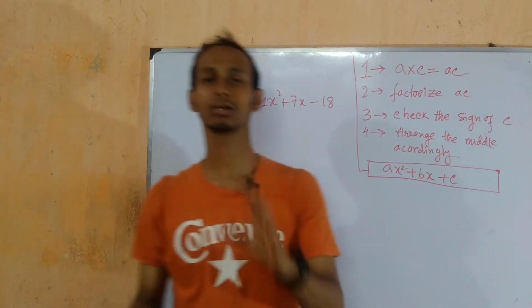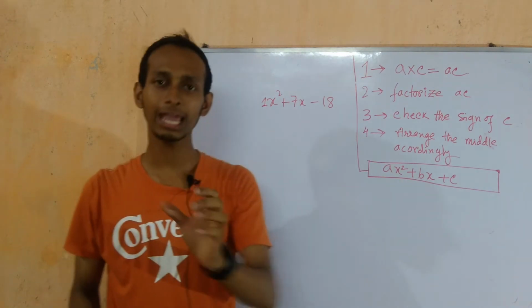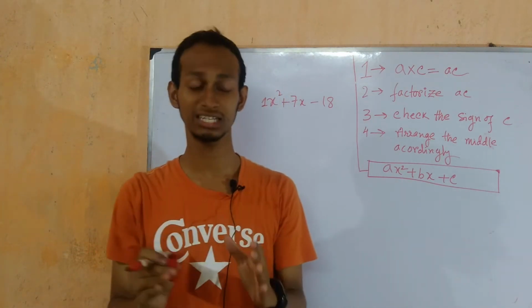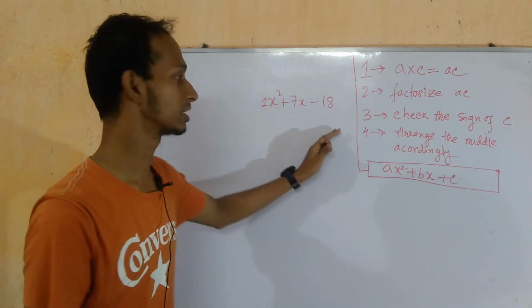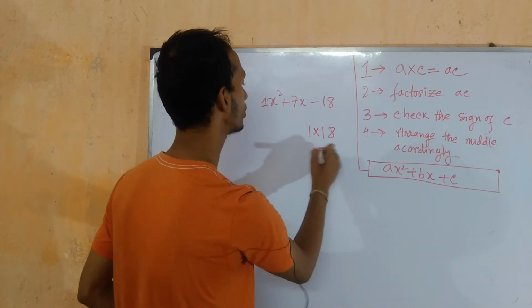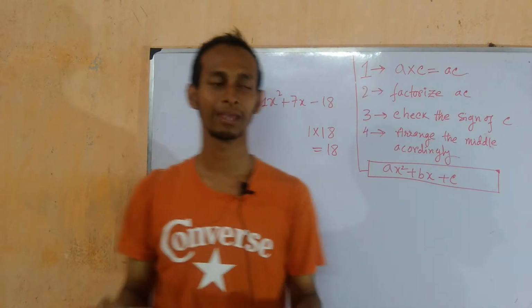Just remember one thing here: you do not need to see the sign of a and c, just multiply the digits, only the digits. So we will multiply only 1 and 18. What do we get? 1 times 18, we get 18. I think up to this there is no problem.